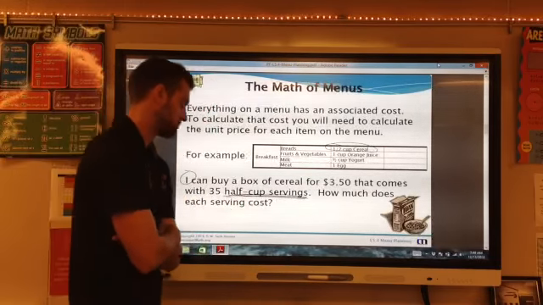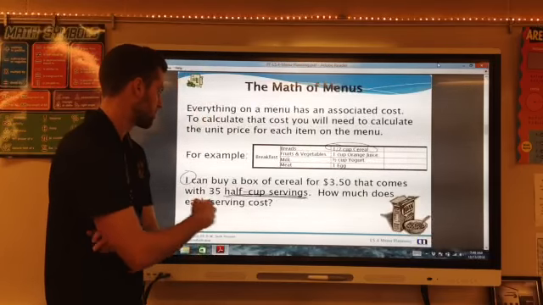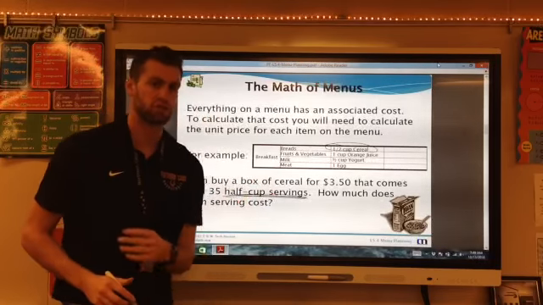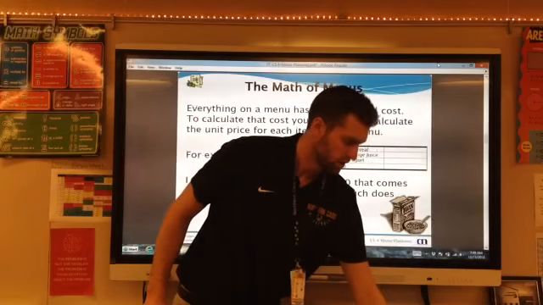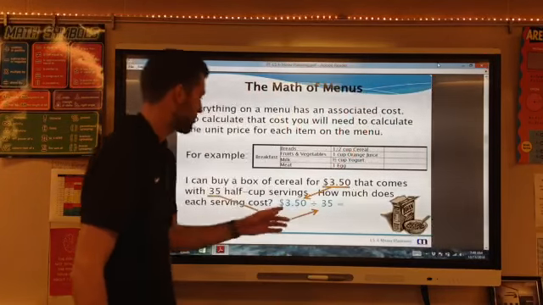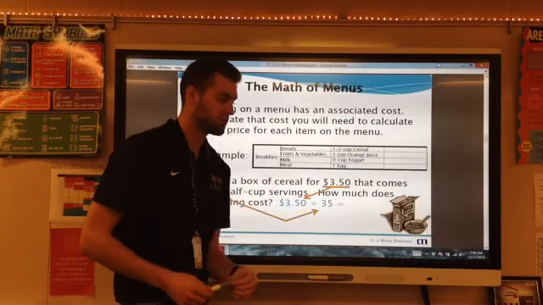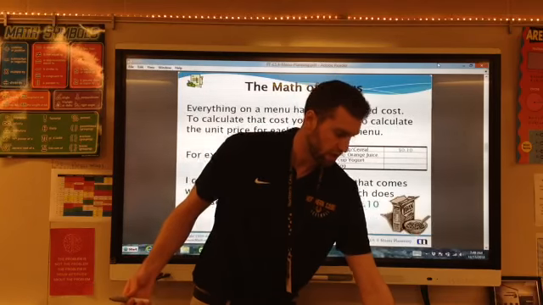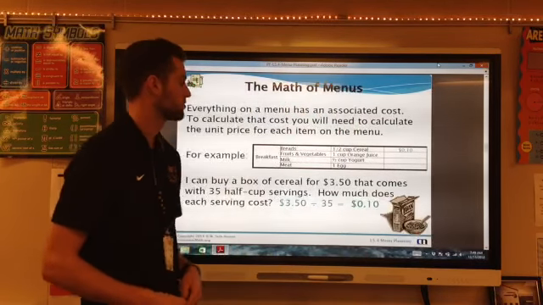So we're finding how much each of those servings costs. We just simply would take 350 divided by 35, and we're going to say that one serving of that cereal costs 10 cents.